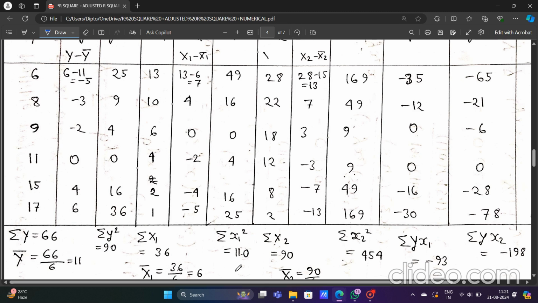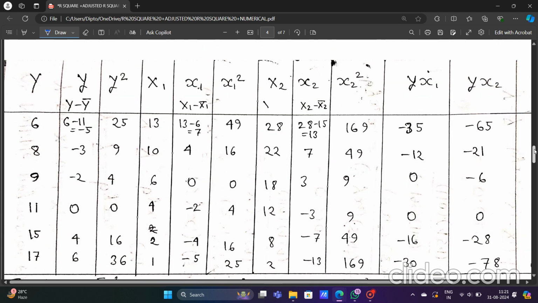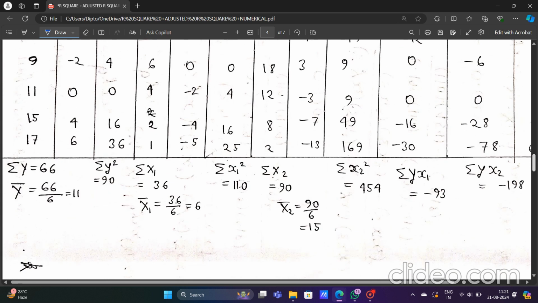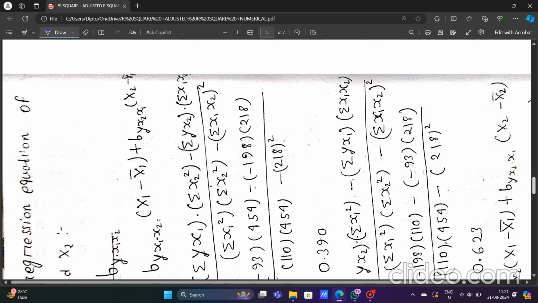In the same way I am calculating small x1 and small x2, and also small y square, small x1 square and small x2 square. Now we have to calculate small y into x1 and small y into x2. These are the values we have calculated, and they will be required in forming the multiple regression equation.